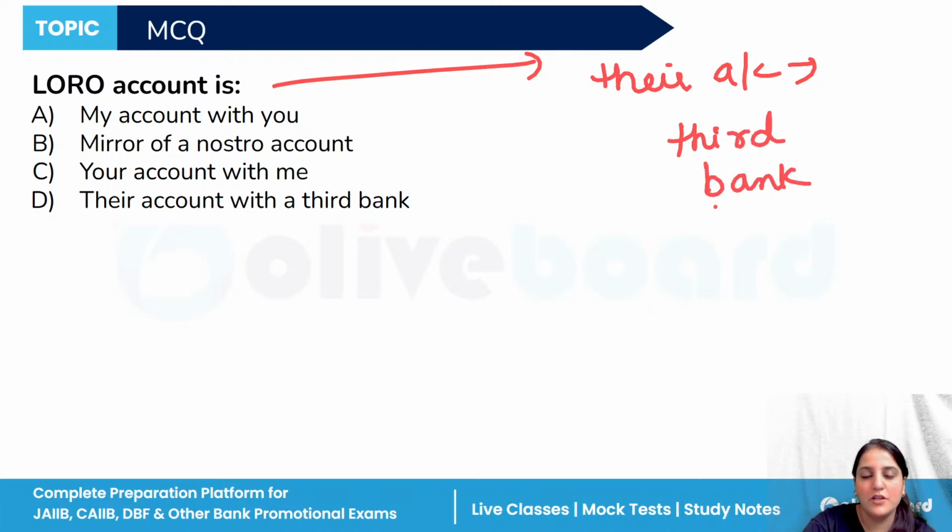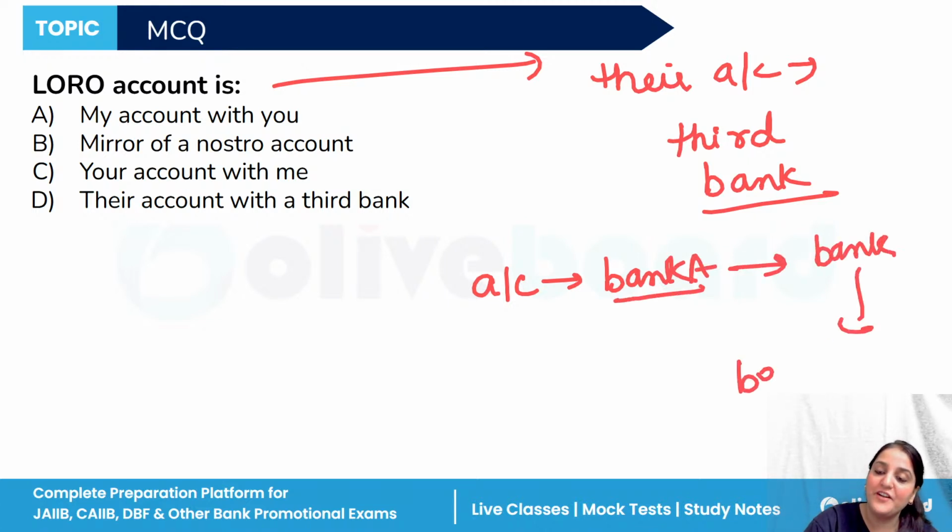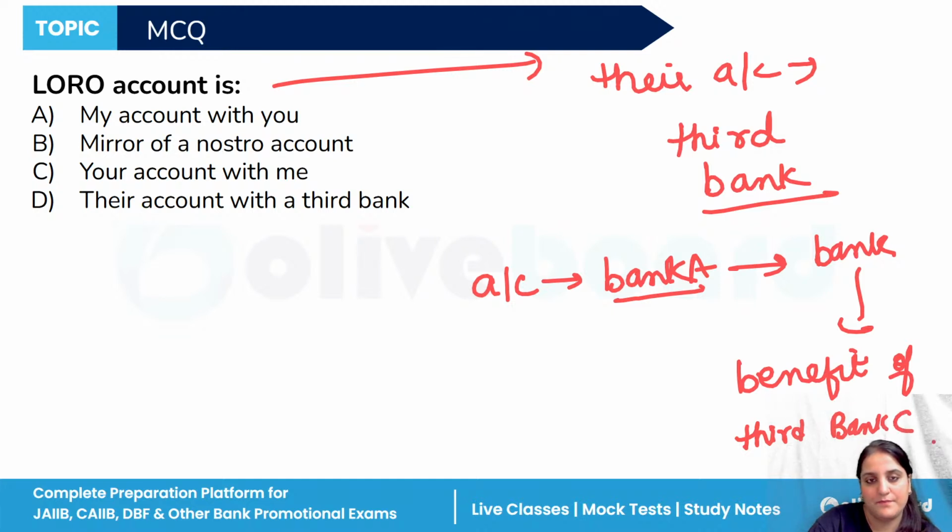Loro comes from the Spanish word, and it refers to the account held by a bank with bank A, basically with bank B, for the benefit of a third bank, that is bank C. So here the correct answer is their account with the third bank. Okay, very good everyone, you were giving answers here. Good.